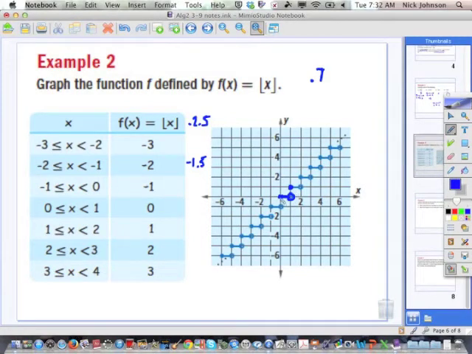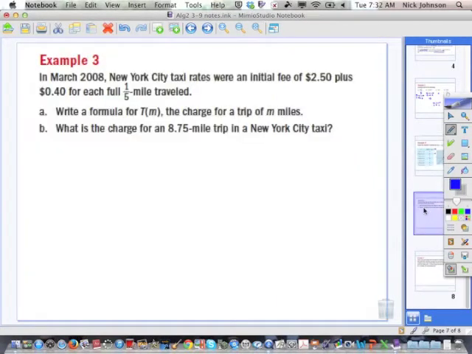Once I know what this looks like, I know the rest of it is going to match, and you just keep going, so on and so forth. So what I do is normally start with 0, and once I start seeing my pattern, I'm able to take off.